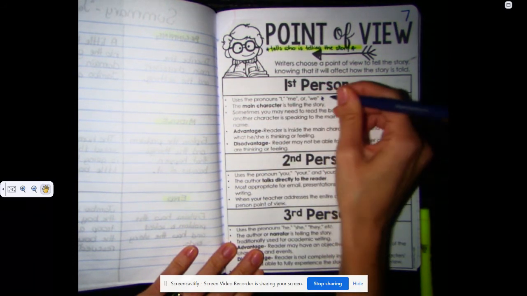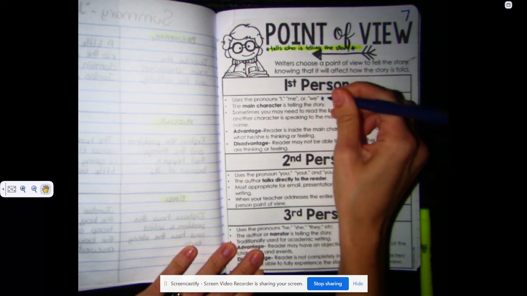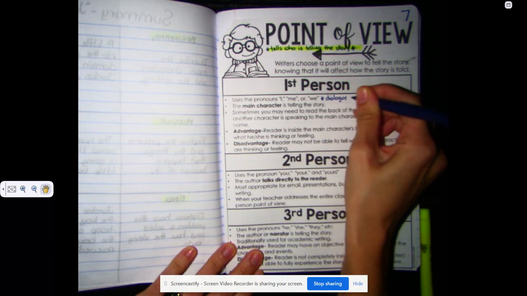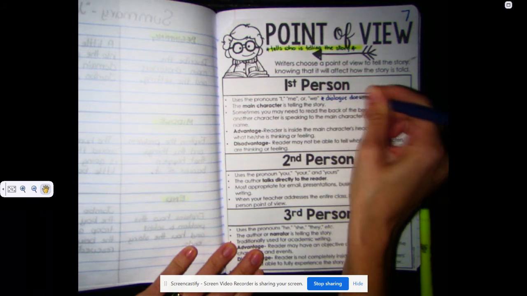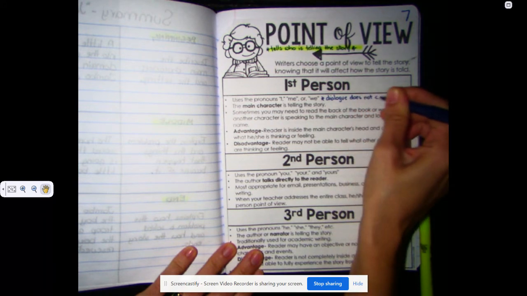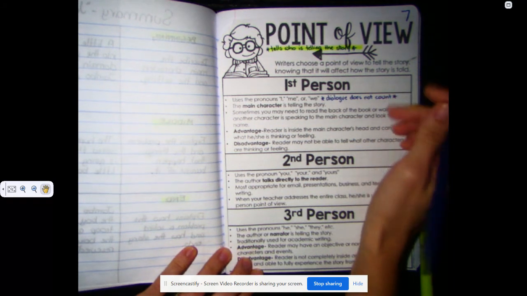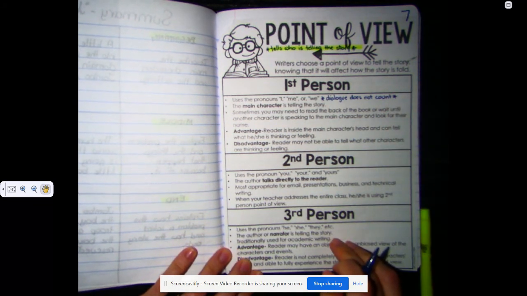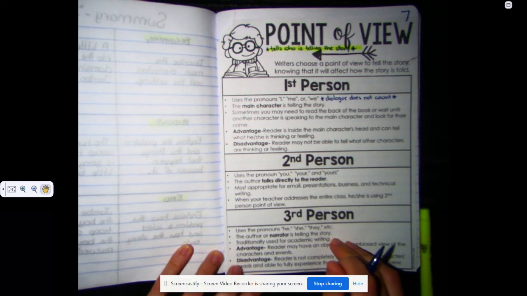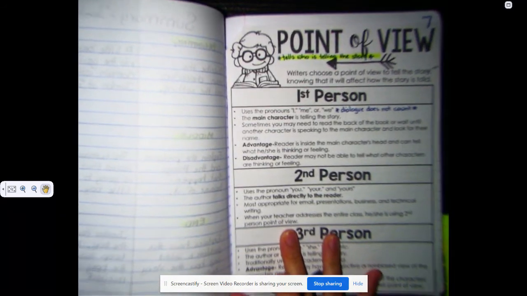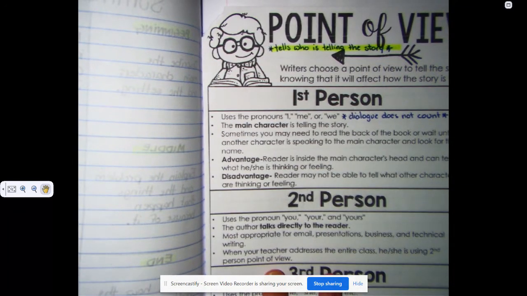Let's write that down right here. Okay, and dialogue does not count because a story can be in third person, meaning someone who's not in the story is telling the story. But if a character is talking, they're going to use the words I, me, or we. Okay, so dialogue does not count for this.